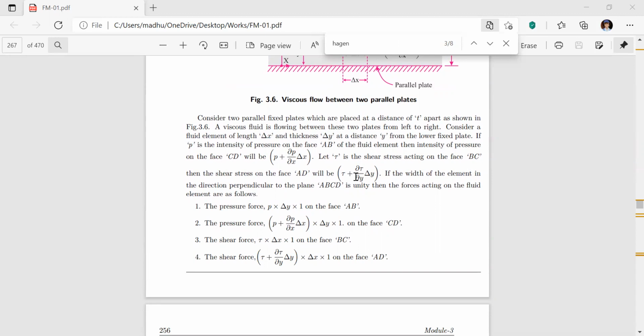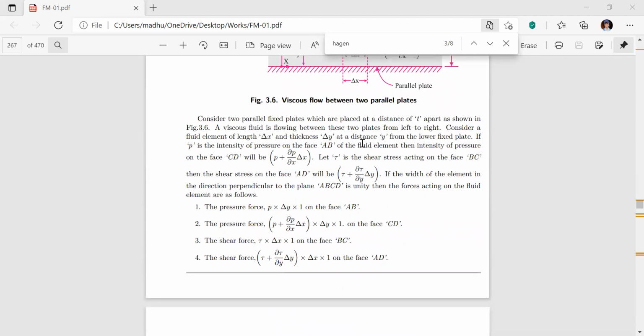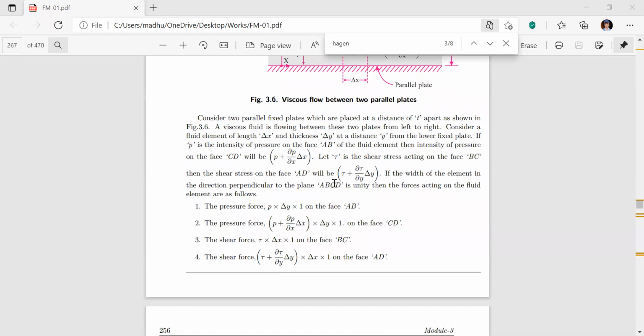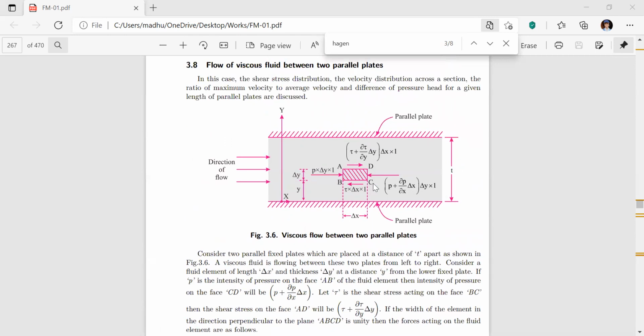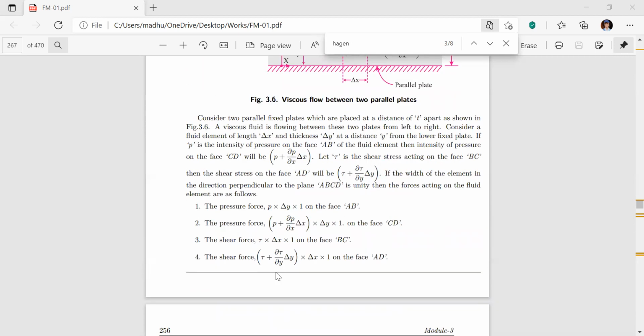One is P into delta Y into 1 on the face AB, P plus dou P by dou X into delta Y into 1 on the face CD, that is on the opposite face. Shear force tau delta X into 1 on the face BC, here at the bottom side, and tau plus d tau by dy into delta Y into dx into 1 on the face AD.